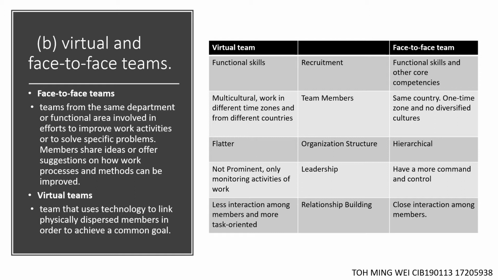Generally, a traditional team has a hierarchical organization structure, whereas a virtual team has a flatter organization structure. So this is also a significant difference between virtual and traditional teams. Furthermore, leadership control is minimal in virtual teams, whereas face-to-face team leaders have more command and control.